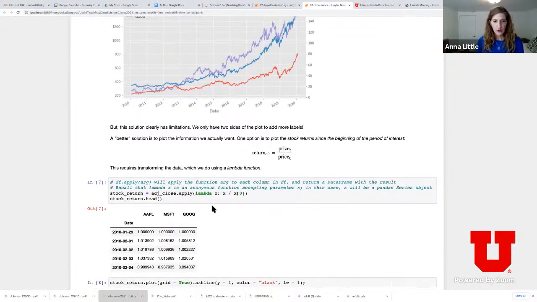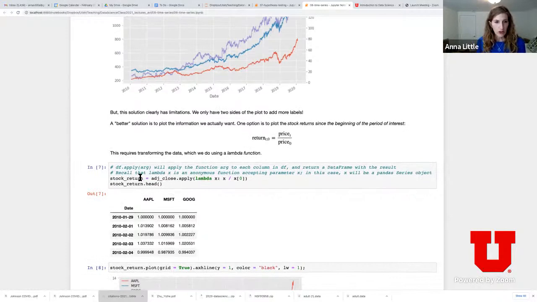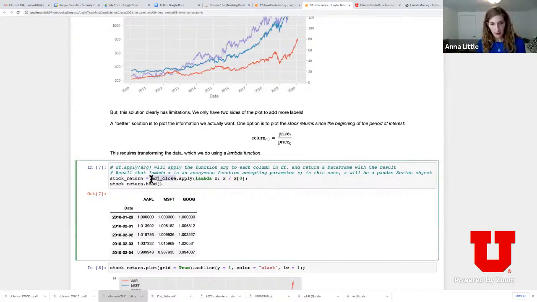Okay, so to do this, we need to transform the data, which we can do with a lambda function. What we'll do is define a new data frame, stock return, which we'll get from our adjusted close data frame, applying this lambda function, which maps the series x to x divided by its initial value.